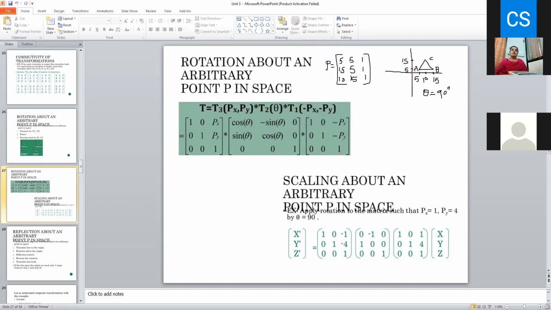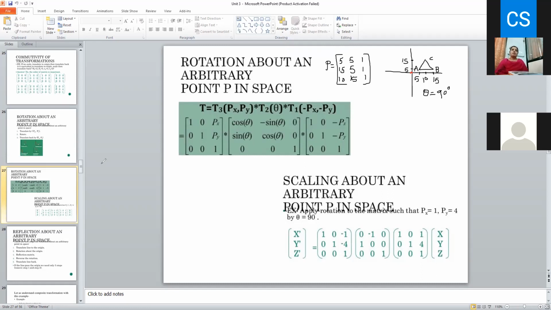The T matrix which we have is with respect to the origin, not this arbitrary point A. So what is the method we have learned in the previous lecture? We are going to shift this point to the origin. So for that shifting, what will be the T matrix?